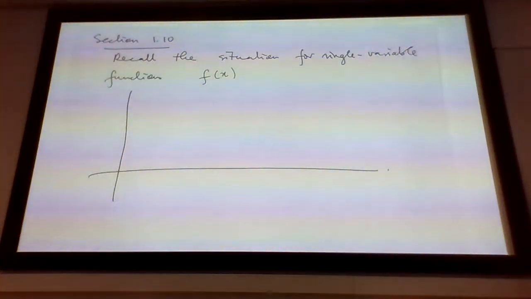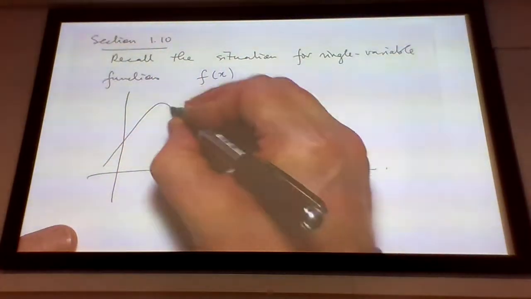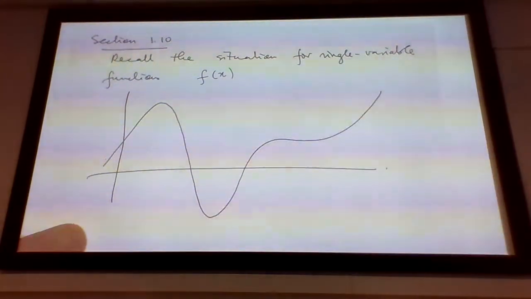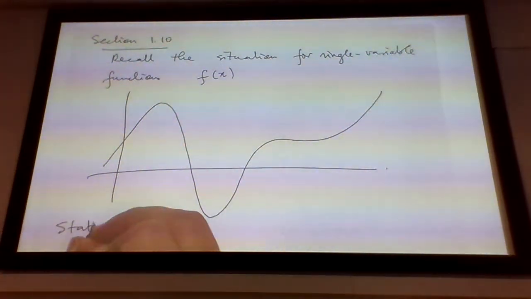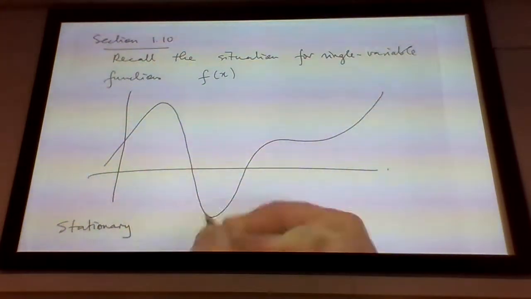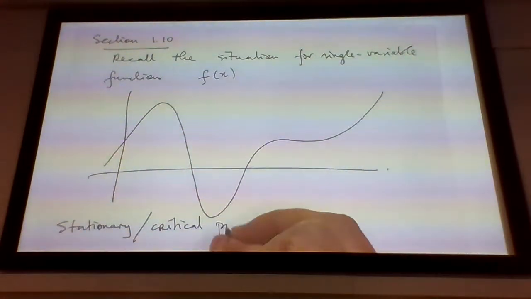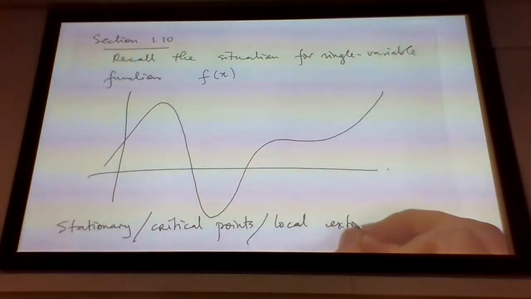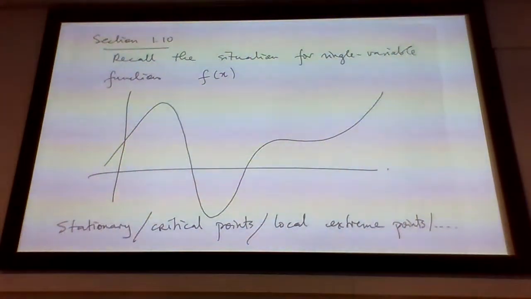It's best to explain this with just a quick look at the graph of a function of a single variable. So stationary points, sometimes also called critical points, or also called local extreme points, various terms used for these.